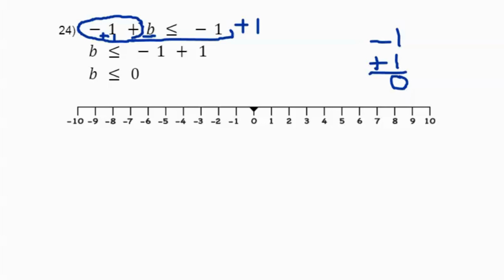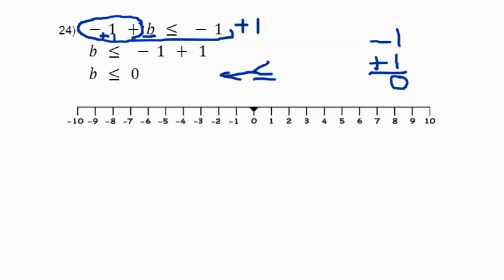So we're going to plot this here using this number line. Since this is less or equal to, it has two signs, which means it's going to be a closed circle, and the arrow will go towards the left hand side.